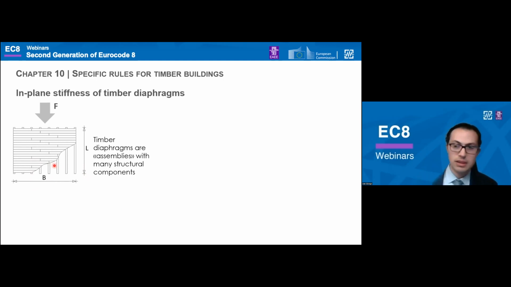Therefore, the overall in-plane response is contributed by the deformation of the timber components, of the connections, plus phenomena such as the board-to-board contact, interlocking, friction, which is especially important in the case of, for example, tongue and groove flooring.